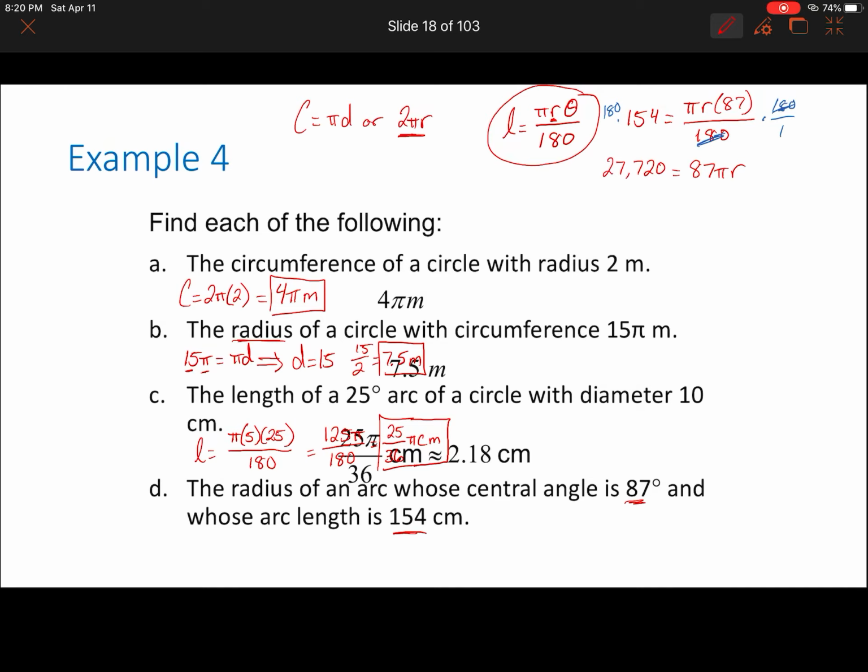Well, again, we're trying to get r by itself. So if you divide by 87 pi, that's going to get r by itself, and we have to do that to both sides. And so the 87s cancel, the pi's cancel. It does leave us with r. And if you punch this in your calculator, the 27,720, if you take that and divide it by 87 pi, put that 87 pi in parentheses.